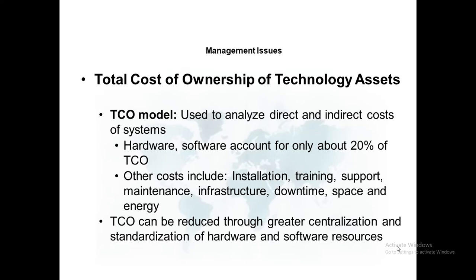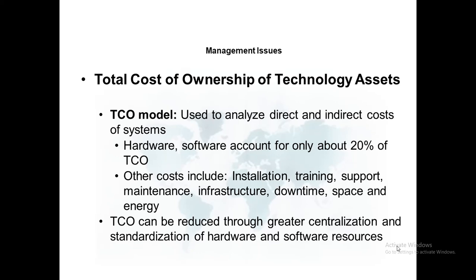So the total cost can be reduced through greater centralization, whereby you have a central budget and you standardize the hardware. Let's say for us, we are using Dell. All our machines in this organization have to be Dell. Or for networks, all our devices are Cisco or D-Link.